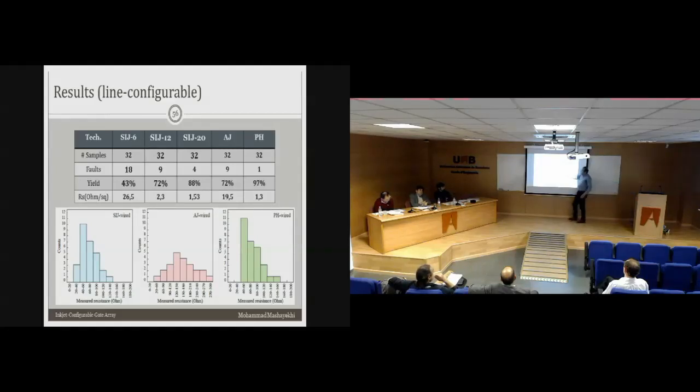We see that there are many faults for the 6 micrometer width SIJ, whereas for the 20 micrometer width we have a small number of failures. We cannot say that 1 failure out of 32 for photolithography means 97% yield, because if we increase the number of samples, I'm sure that this yield could increase to 99 or almost 100%.